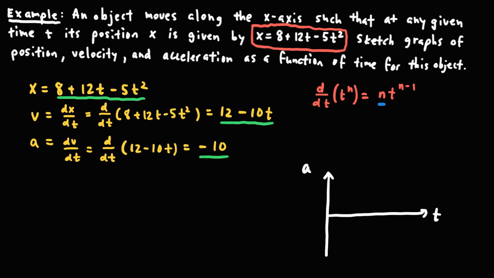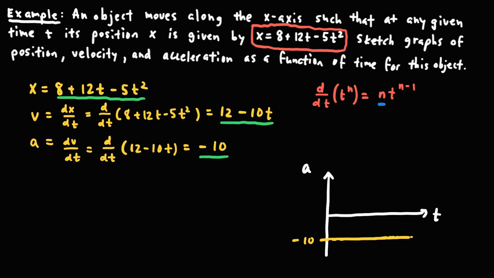And that means the acceleration is constant. It doesn't change with time. And not only do I know that it's constant, but I know the actual value. I know that it's negative 10. And so in my graph, I can write negative 10 as the starting value. And the acceleration at all moments in time is going to be negative 10. So I can just make a horizontal line that is below the time axis for the negative acceleration.